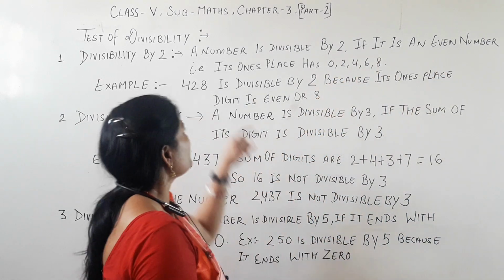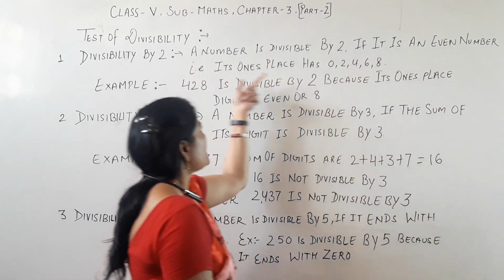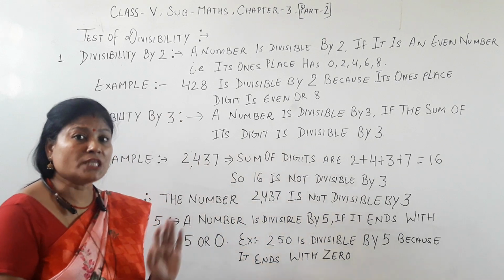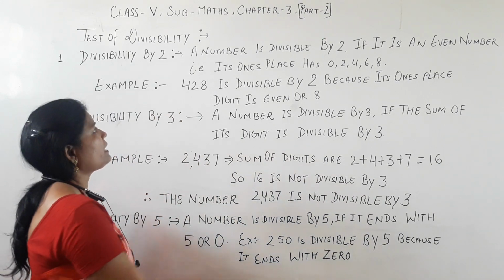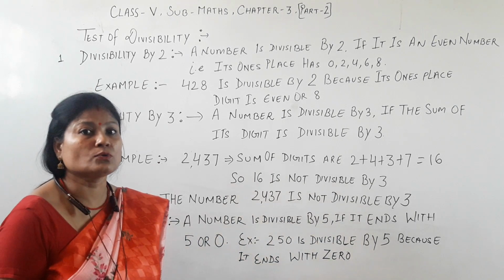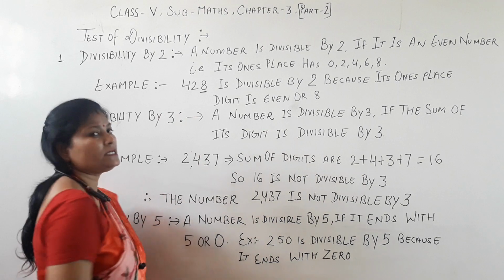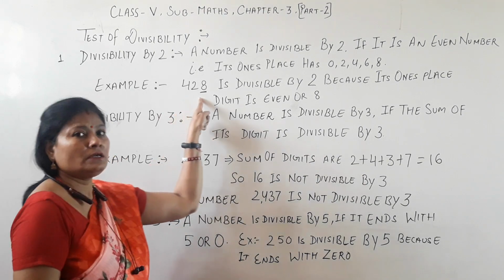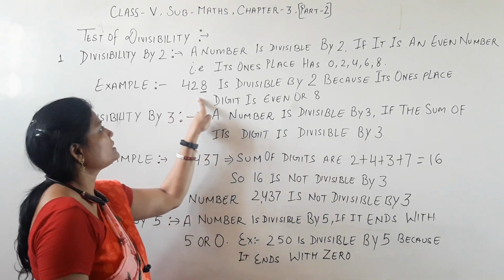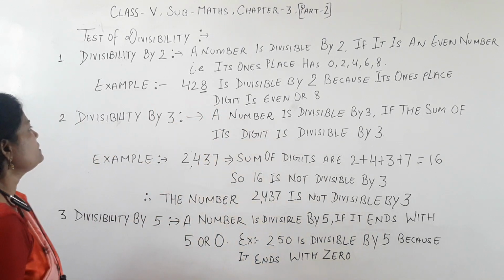Or we can say that if a given number is an even number, it can be divided by 2. So without any division, I can say that 428 is divisible by 2. Why? See children, the one's place digit is 8, and 8 is an even number. So this number is divisible by 2. Without any division, I have found the solution.